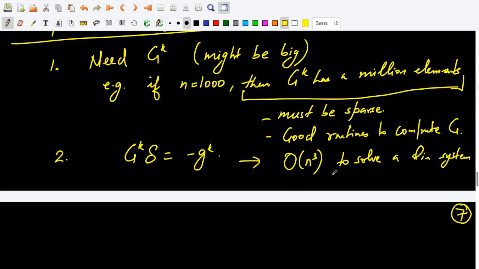If you have a system Ax equal to b, then typically the number of steps required to solve Ax equal to b is roughly of the order of n cube. So this might become expensive, especially when n is large, and lead to some slowdown.